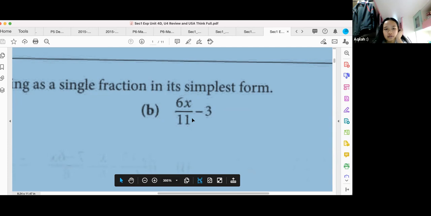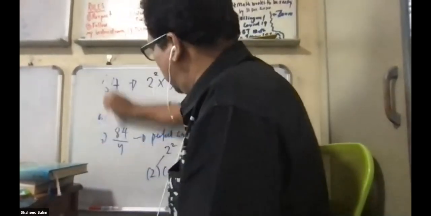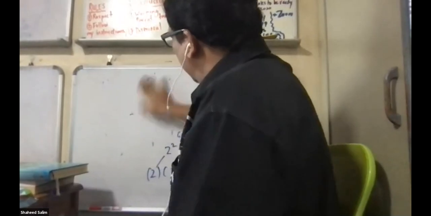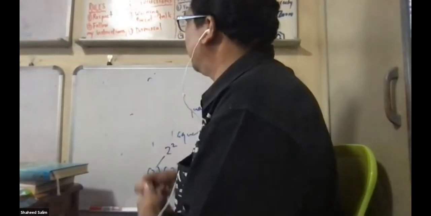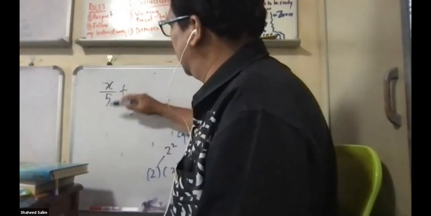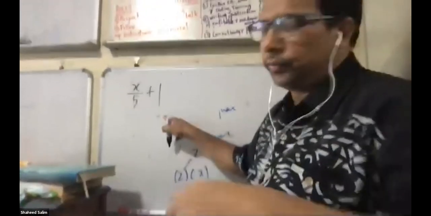I don't get it. Okay, so now let us try on the board here. Let's say now you have x over 5 plus 1, and they ask you to make this into a single fraction.